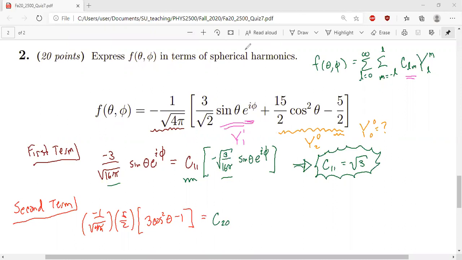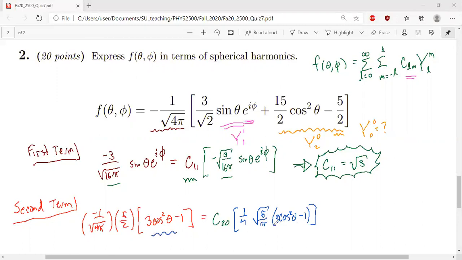And what I read off of the table is 1/4 times root 5 over pi, and then our happy term 3 cosine squared theta minus 1.